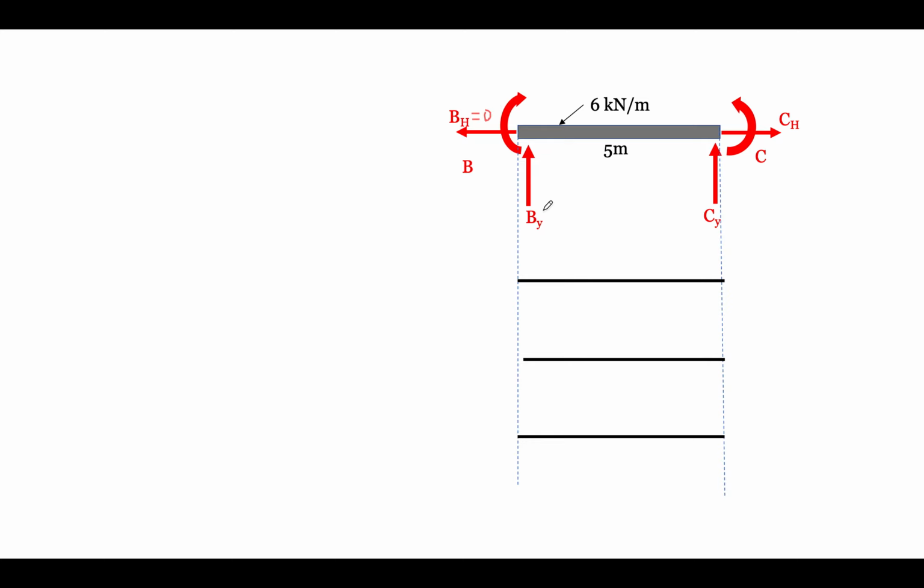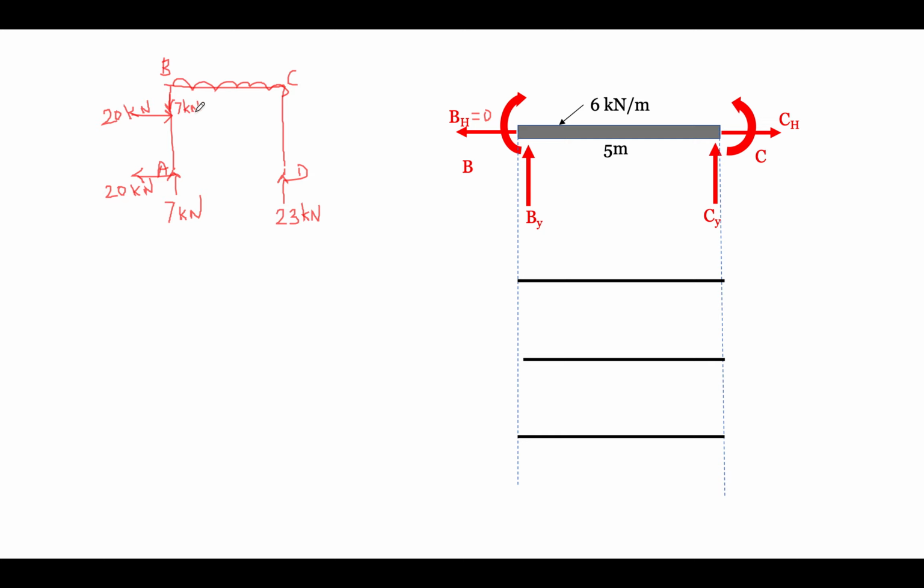This is 0. This is 7 kilonewton. This is 23 kilonewton. There is a UDL. There is this 20 kilonewton we have got, and there is a 20 kilonewton here. So this is our A, B, C, D. When this is 7 kilonewton, we have received this also as 7 kilonewton.